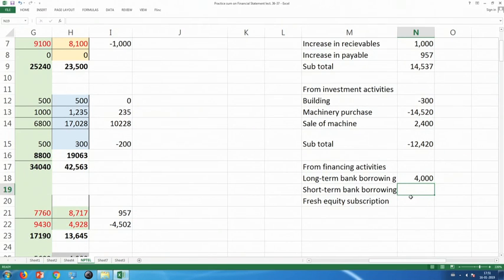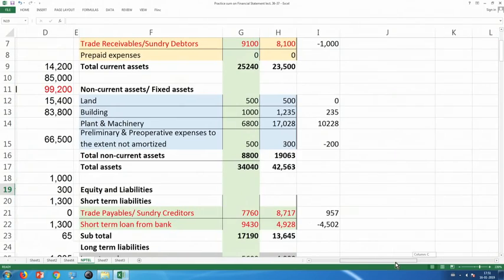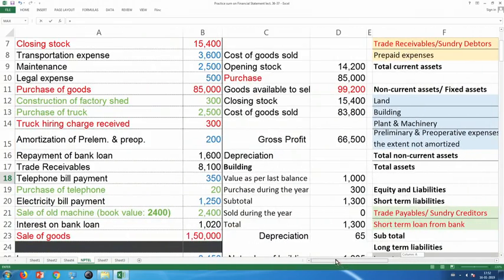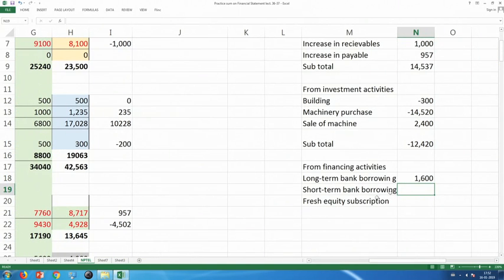I am sorry, this should be the amount that has been repaid only, or if you make a new loan. See, we have repaid 1600 rupees worth of bank loan, that is repayment of bank loan is 1600. We have just paid that. So, this is a negative cash flow, it should come with a negative sign.